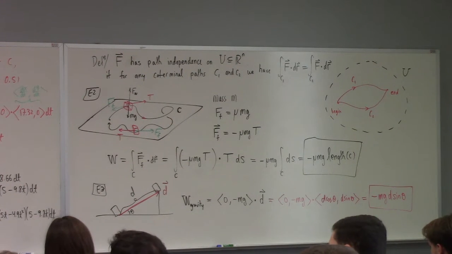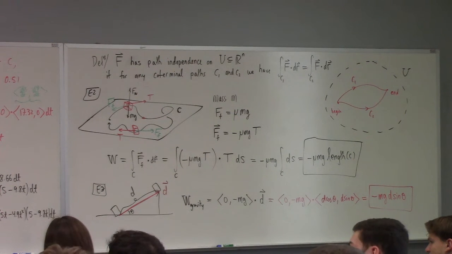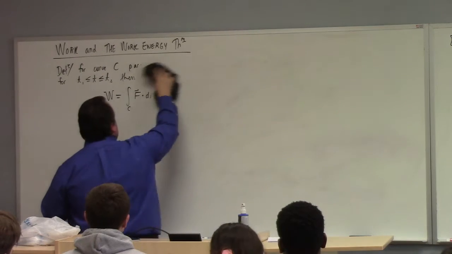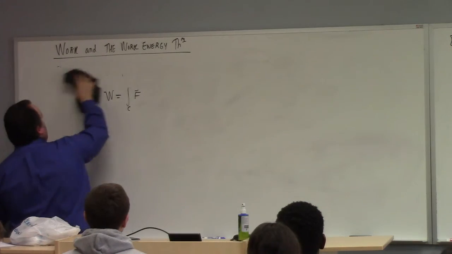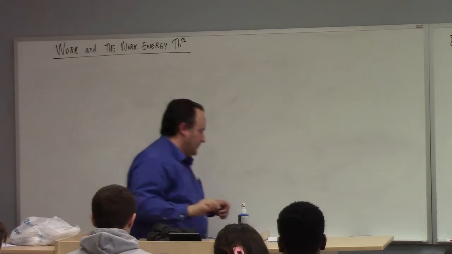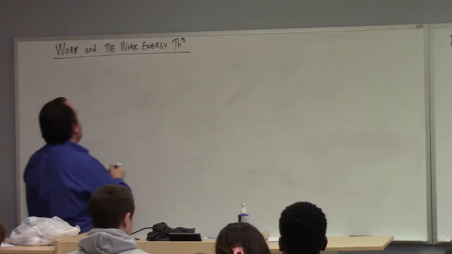But in order to do that, we also have to understand a little bit more calculus that you maybe don't know yet. So I'm going to start with the work-energy theorem, and then I'm going to shift over to the calculus that you don't know yet, okay? So what's the work-energy theorem say? What is the work-energy theorem?